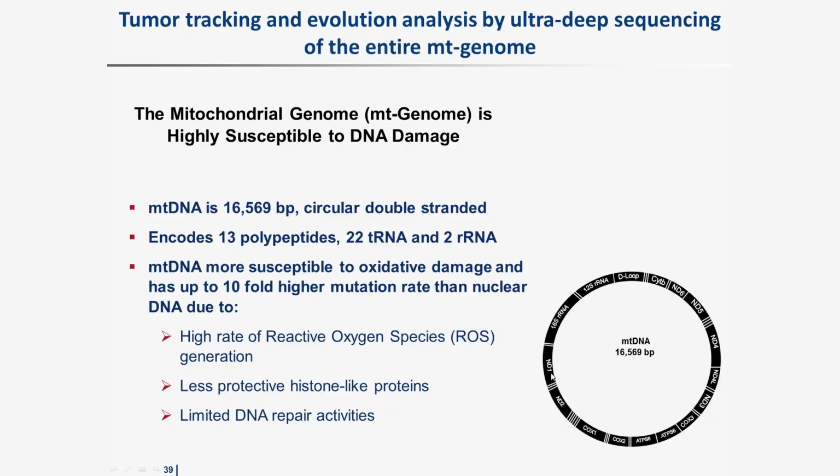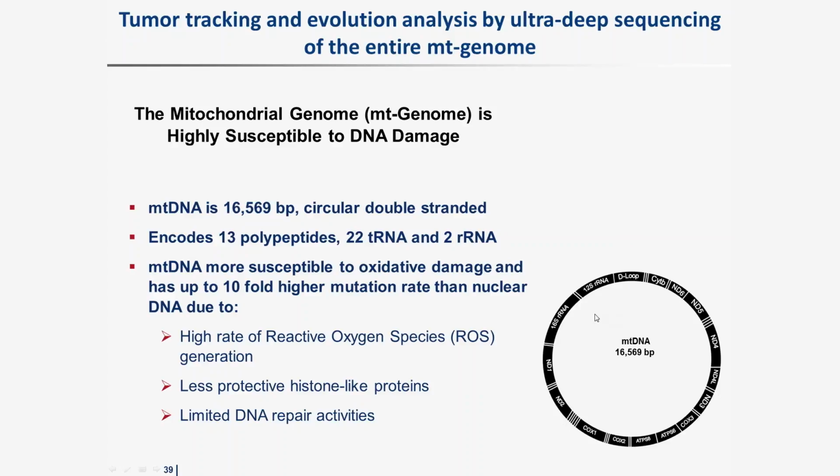I want now to switch to another focus of our ongoing work, and that is tumor tracking and evolution analysis by ultra-deep sequencing of the entire mitochondrial genome. The mitochondrial genome is a small circular DNA molecule of around 16 kb, encoding polypeptides of the respiratory chain complex and structural proteins.